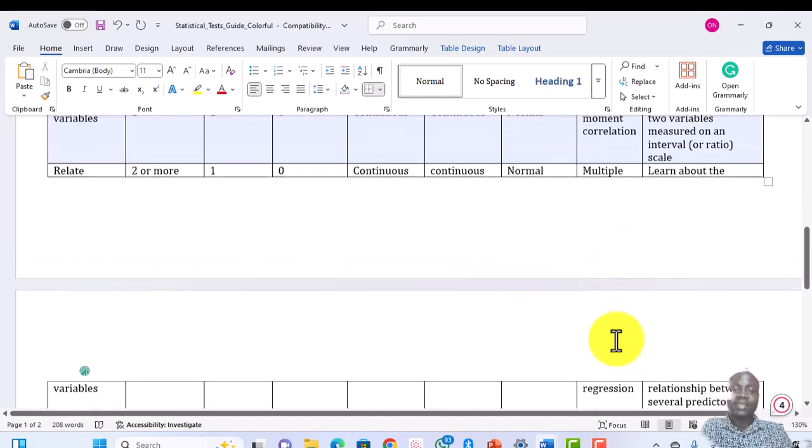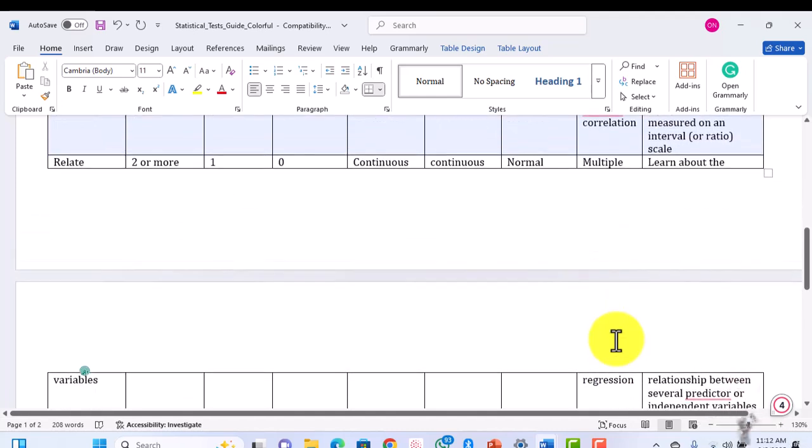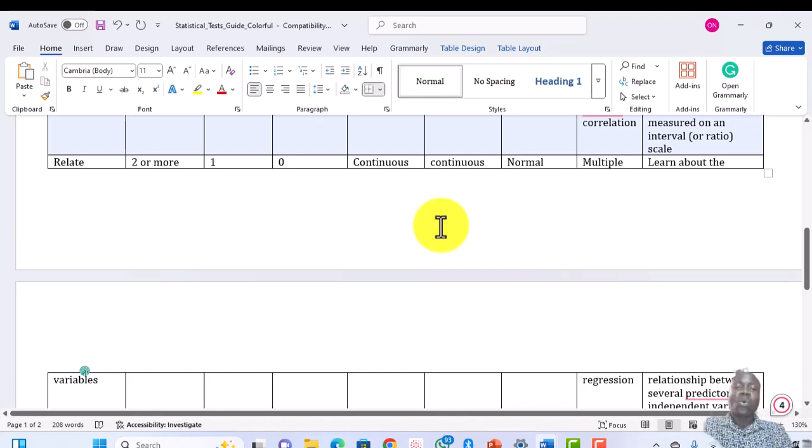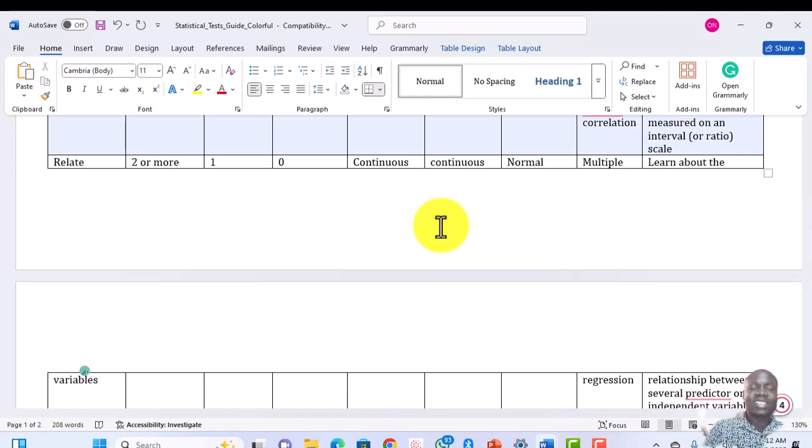Now, finally, we have a relationship between two or more independent variables. This is not usually used in experimental study, but in non-experimental study, a descriptive survey.